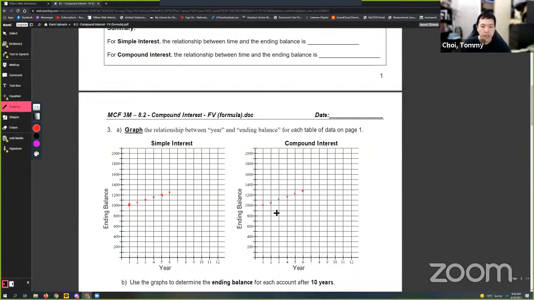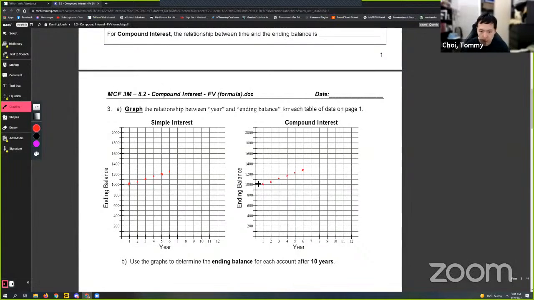Okay. Now, yes, both of these look similar, I know. But for compound interest, there's actually a little bit more of a curve upwards, while this is a completely straight line, right? It doesn't look significant now because we are not working with big numbers here.